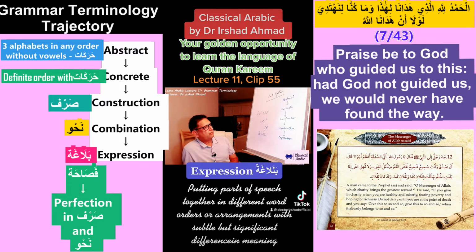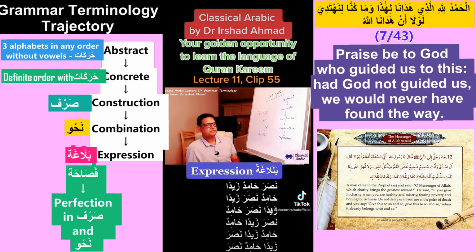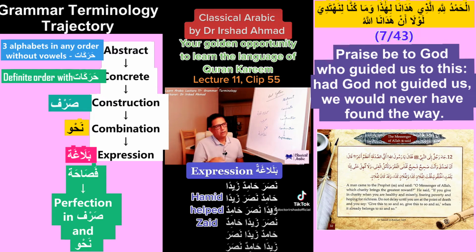As an example, I think quite right at the beginning I gave an example of an English sentence, which was Hamid helped Zaid, and we said at that stage that we can translate that in Arabic in 6 different ways, and of those 6 different constructions, which one we pick is the skill, because that will then give exactly the meaning you want to convey to others in speech, and that will depend on so many things: what people want to know, what's the history, what's the reality, is there any ambiguity among the audience, and sometimes also the aim of the speaker.